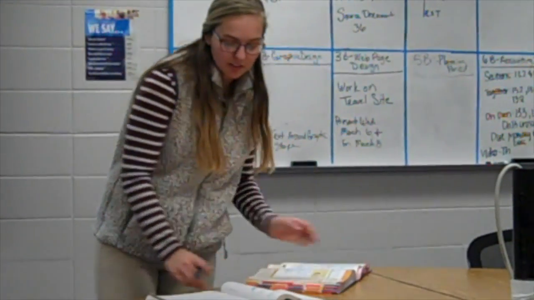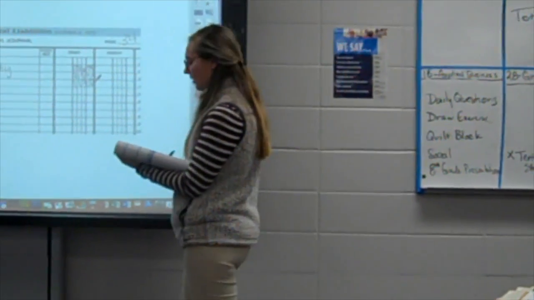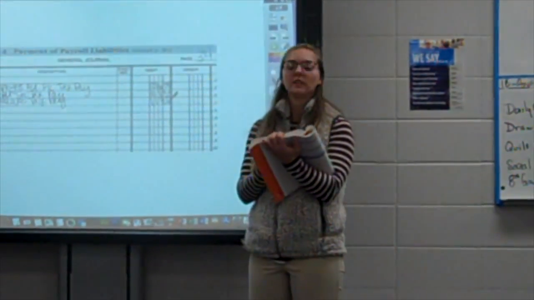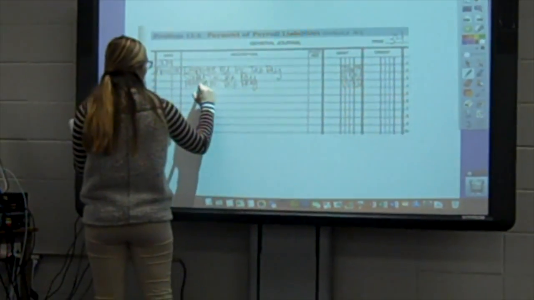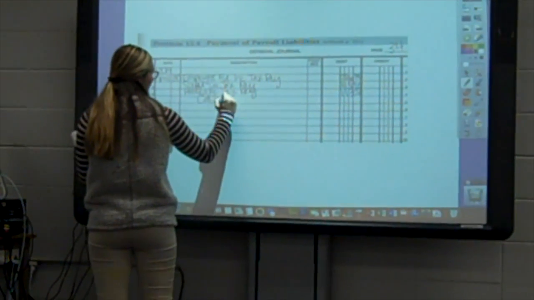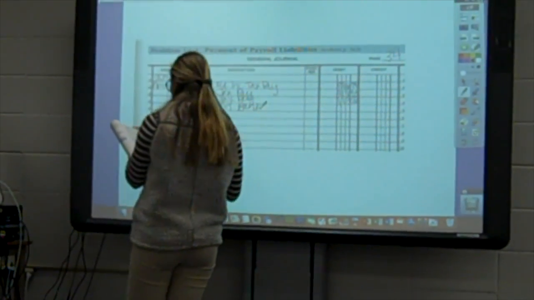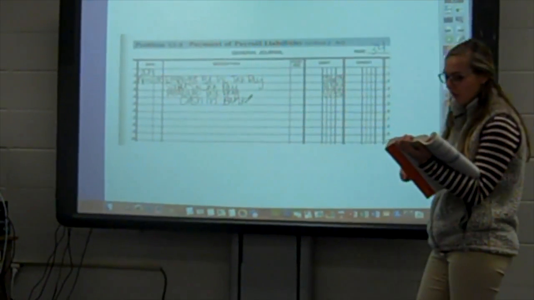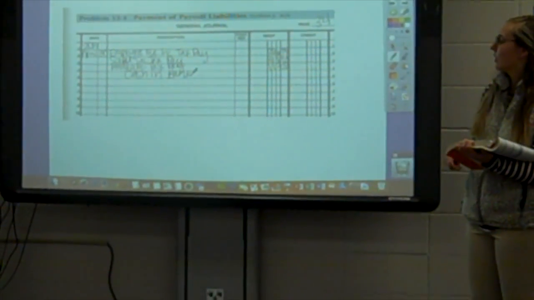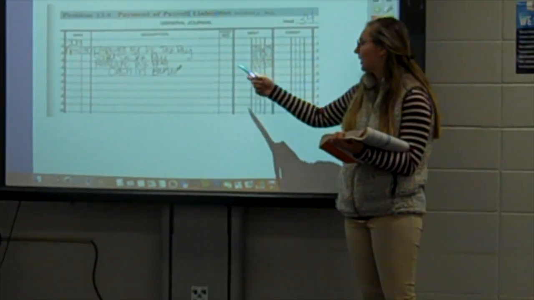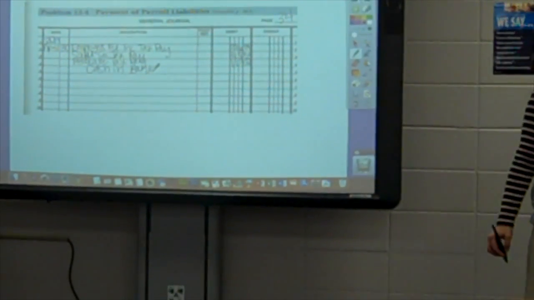So what is our credit going to be? What to balance this out? Our credit is going to be our cash in bank, because we are paying these. And to find the total of that, how are we going to do that? What is our credit for cash in bank? Well, debits and credits have to be equal. Very good.